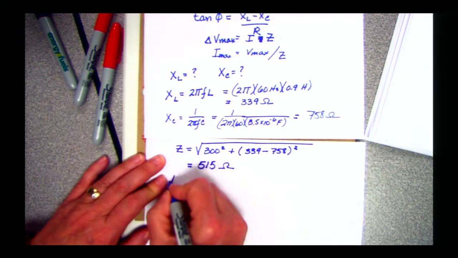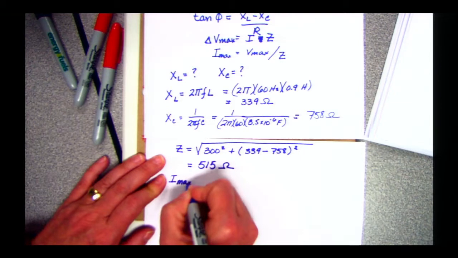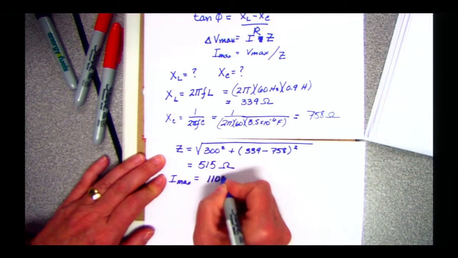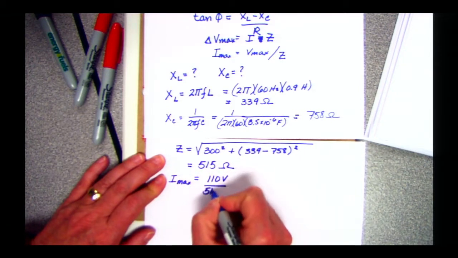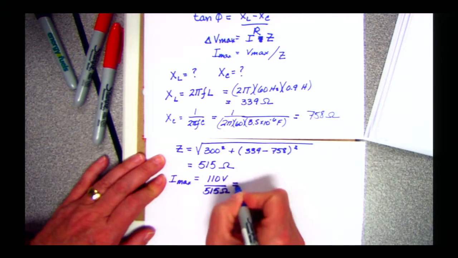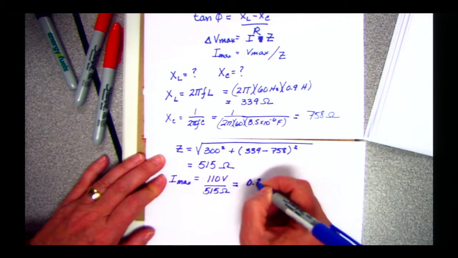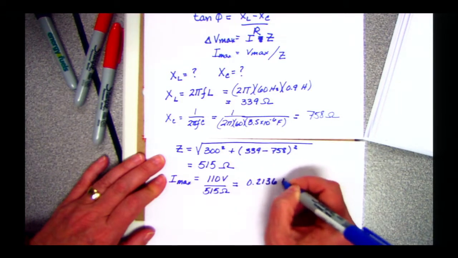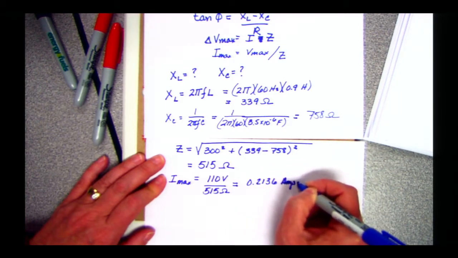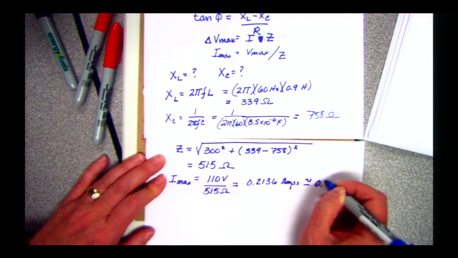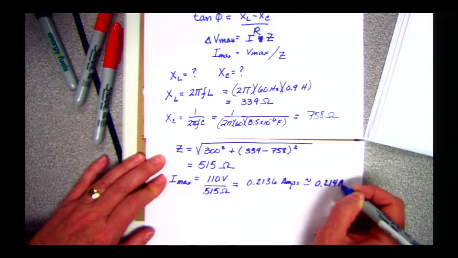So I can quickly do Imax. Imax is going to equal my 110 volts divided by 515 ohms, and that's going to give me 0.2136 amps, or approximately 0.214 amps.